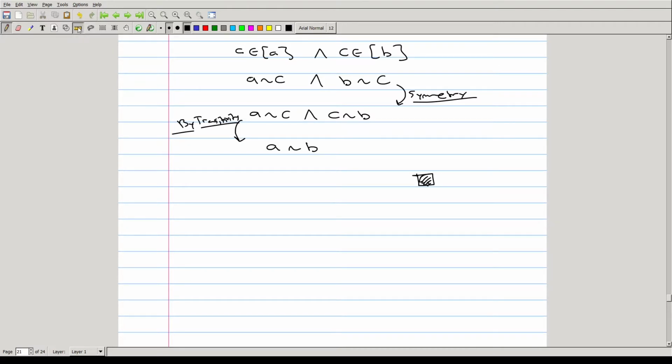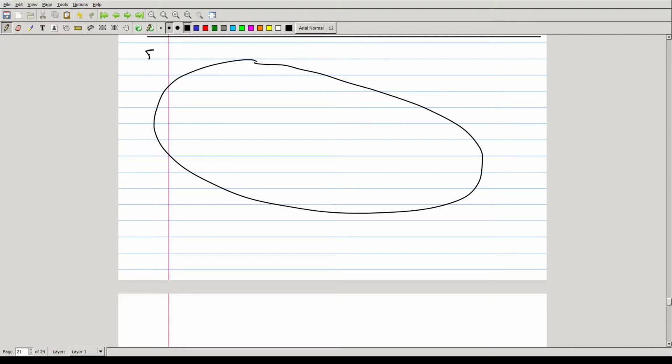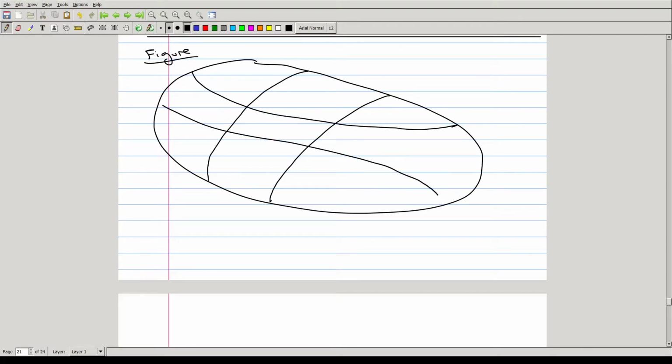And what's really neat here now is that this is showing that a given equivalence relation takes a given set A, there's just going to be a figure here, and it cuts that set A up into disjoint equivalence classes.